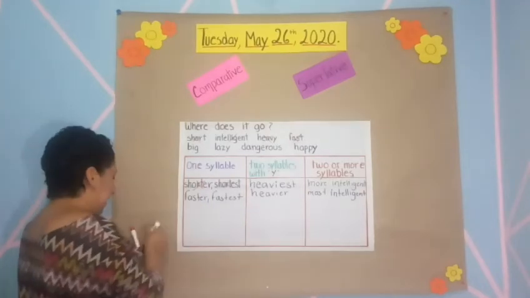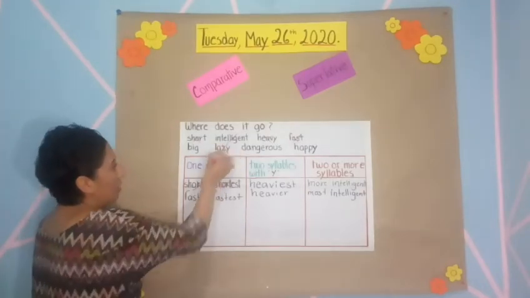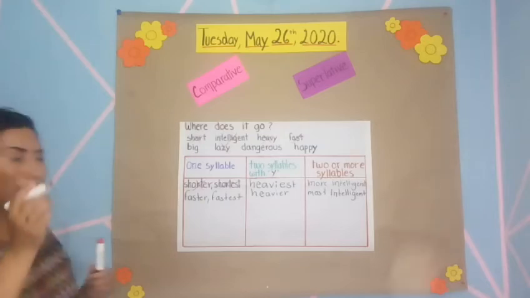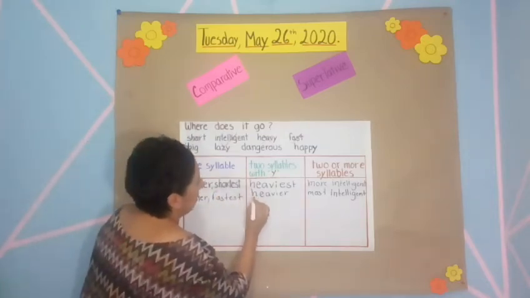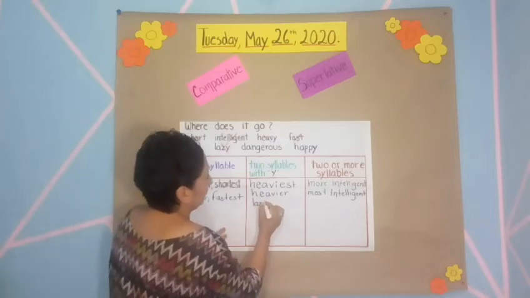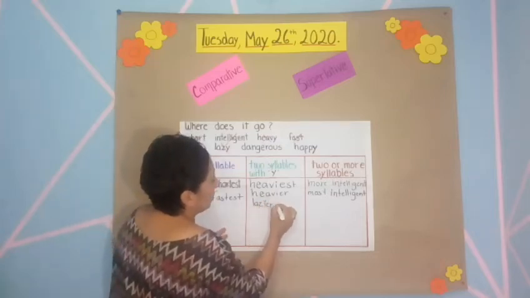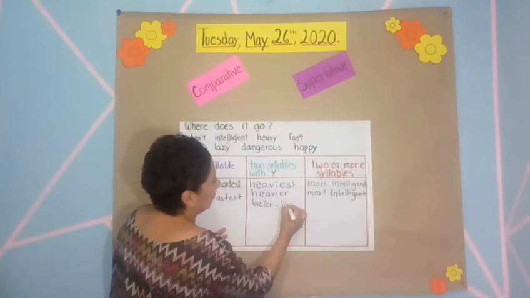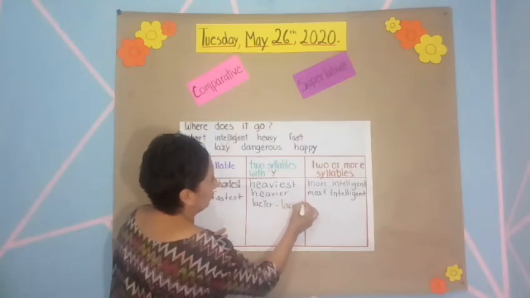Now, lazy. Lazy is an adjective that ends with the letter Y. In this case, it changes to lazier, and in the superlative form, it changes to laziest.